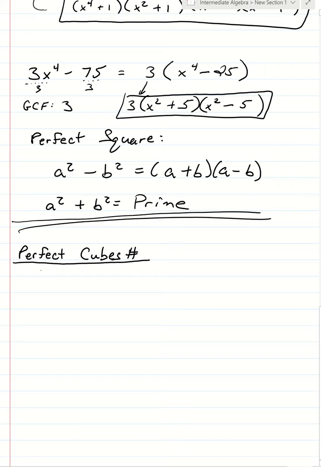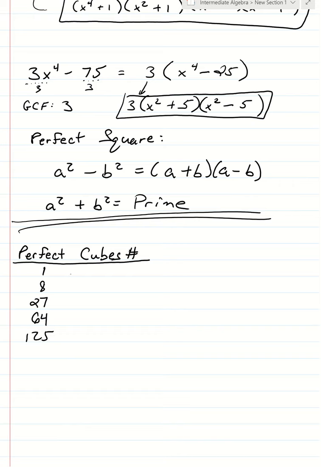Well, the first number 1, when you cube it, you get 1. So 1 is a perfect cube. If we take 2 and cube it, you get the number 8. So 8 is a perfect cube. 3 cubed, 27. 4 cubed, 64. And 5 cubed is 125.